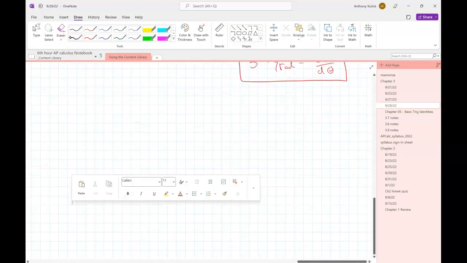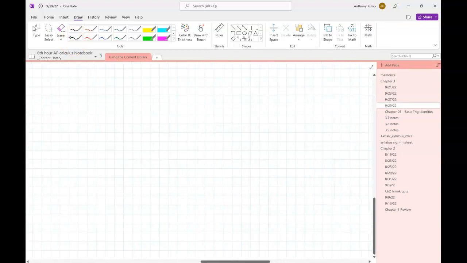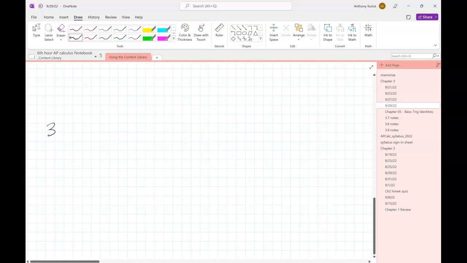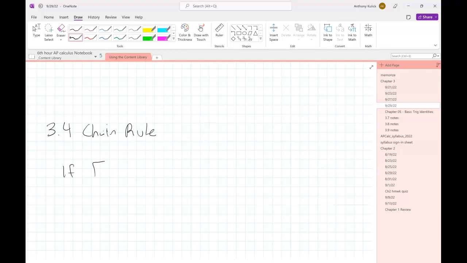Quick chain rule. We'll do a whole lot more examples on Monday, but I wanted to at least touch on this ever so briefly. What the chain rule is used for is a composition of two functions.